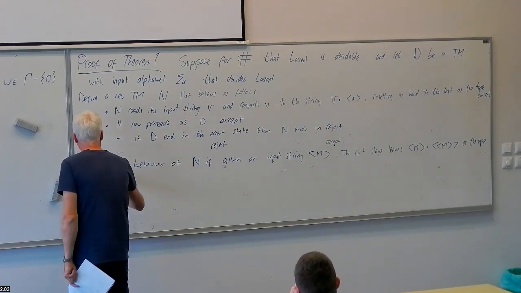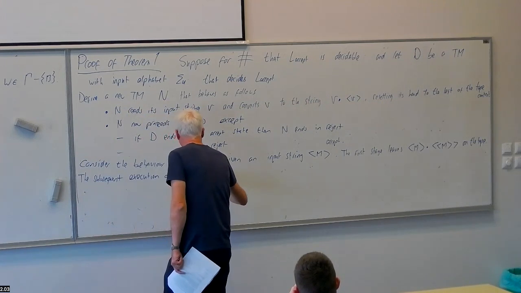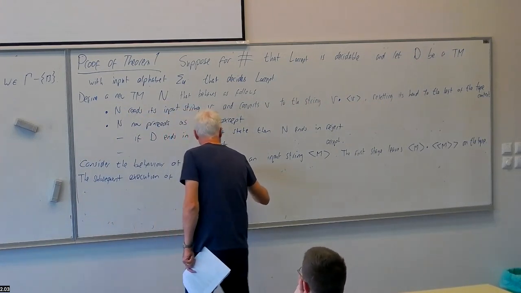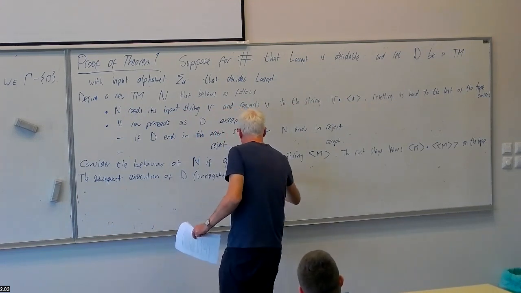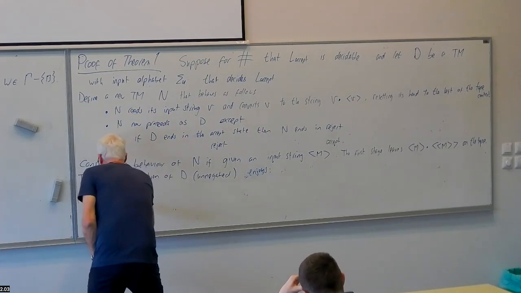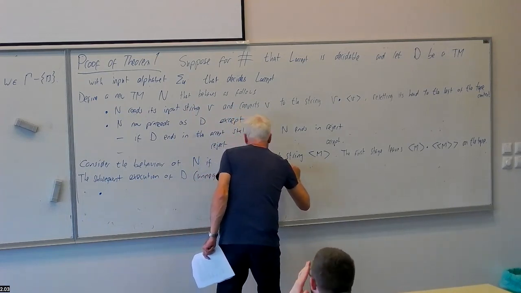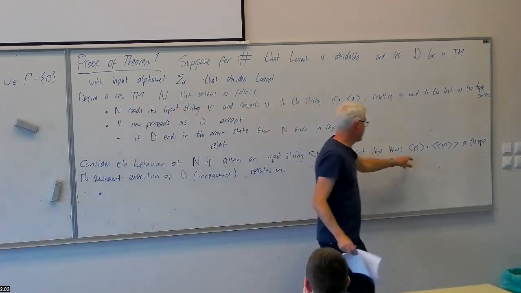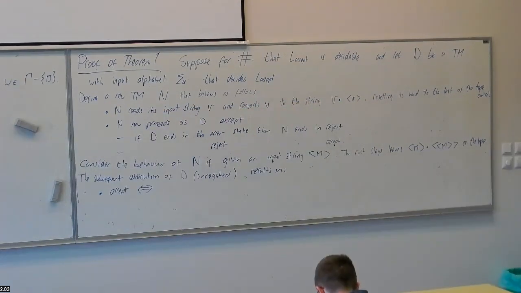The subsequent execution of D, unnegated, proceeds as follows. D will accept this because D is a decision machine for the language I'll accept.